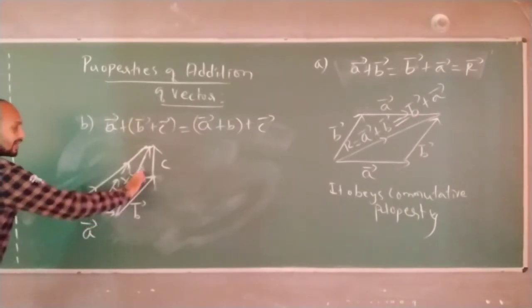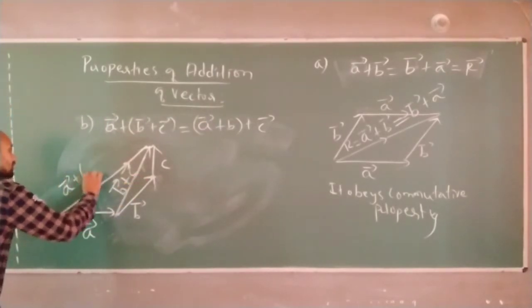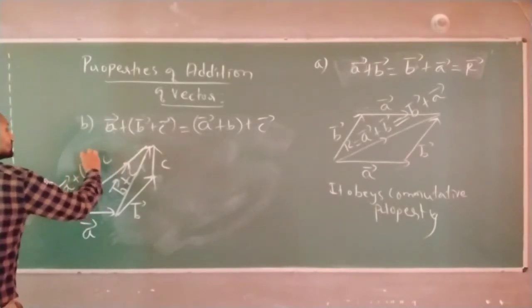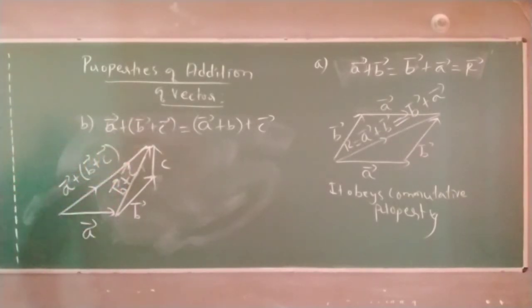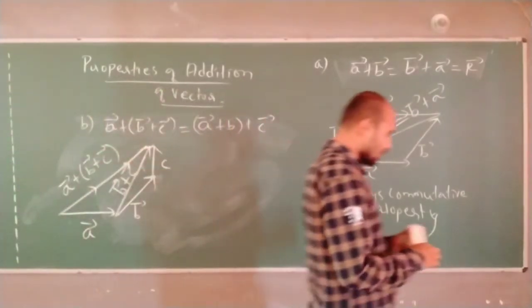This is A plus B plus C. This vector will be A plus B plus C. This is B plus C plus A vector.